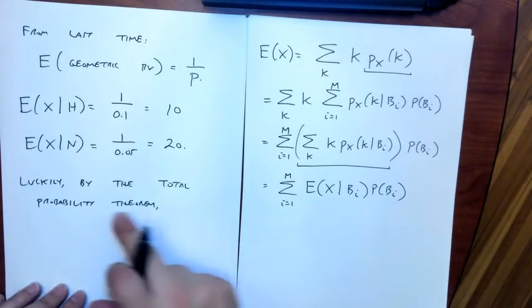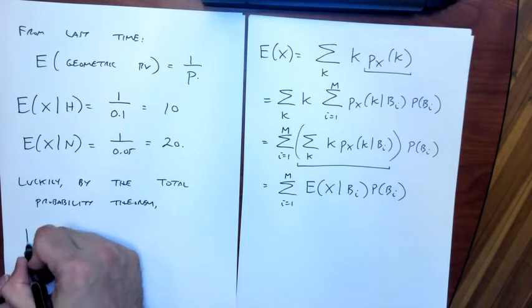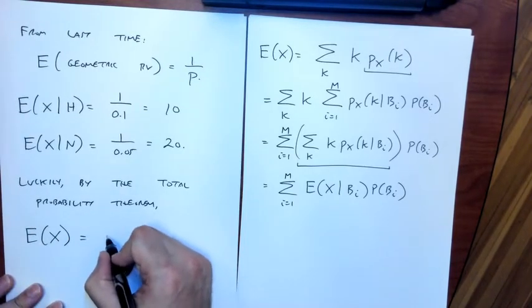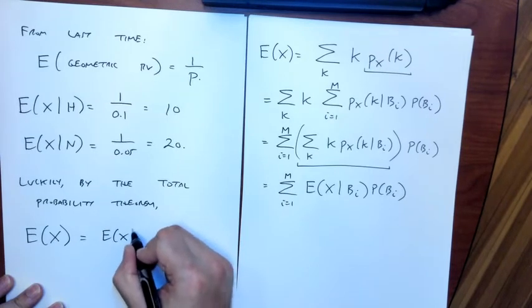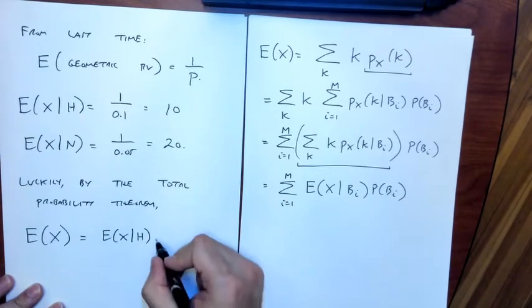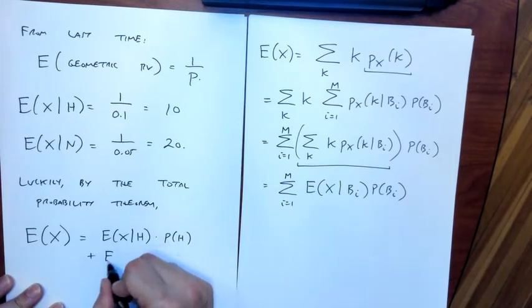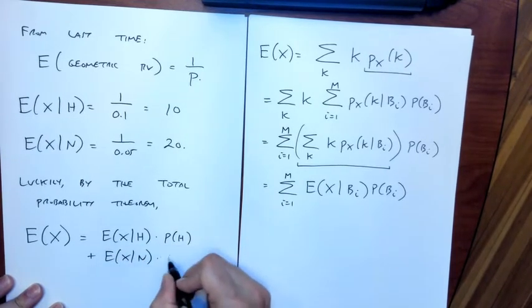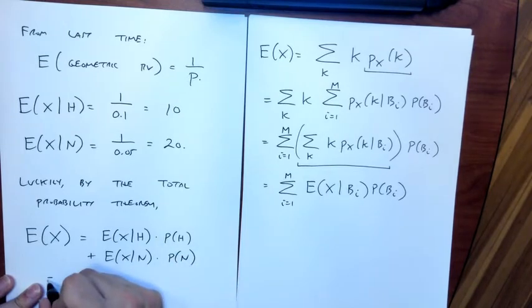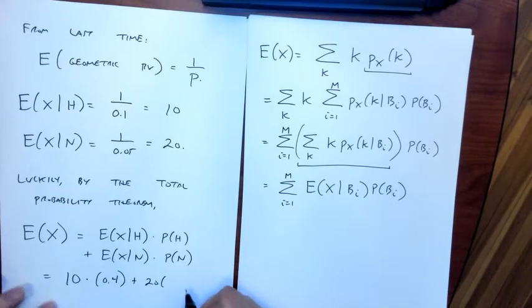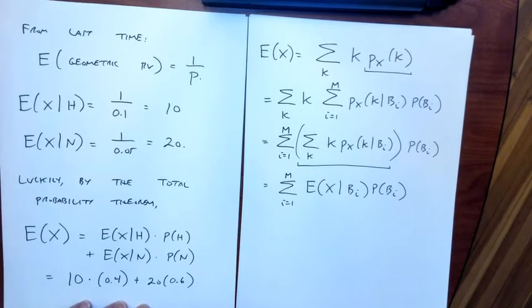And so if I apply that to this example, this is just like saying that the expected lifetime of a given 70-year-old is just the conditional expected value times the probability that they're in that situation, plus this conditional expected value times its probability, right? So I can very quickly find the expected value: it's 10 times the probability that I'm in that state plus 20 times the probability of this state, right?